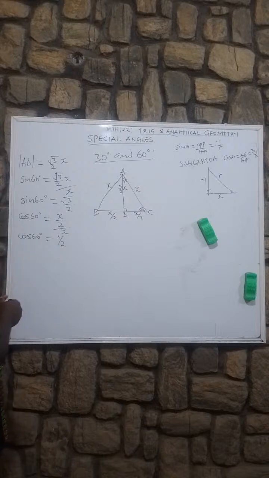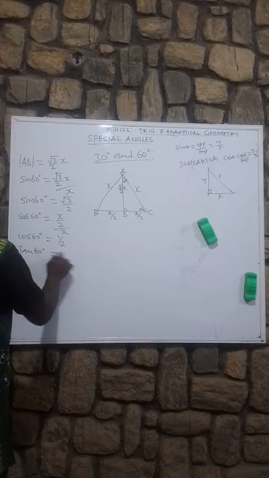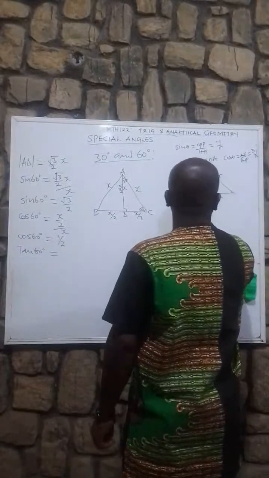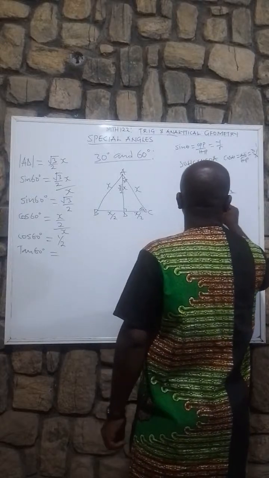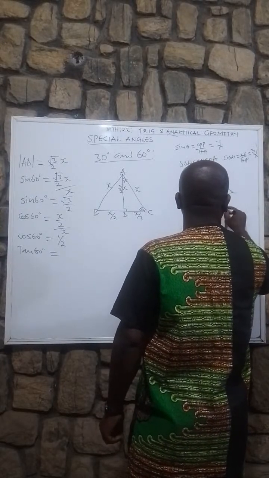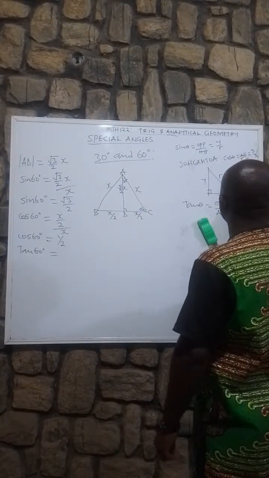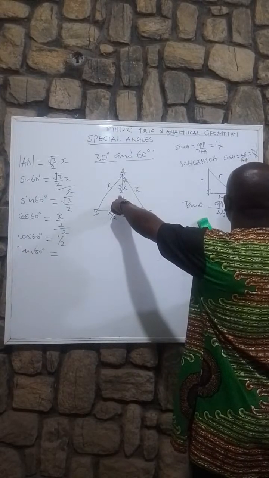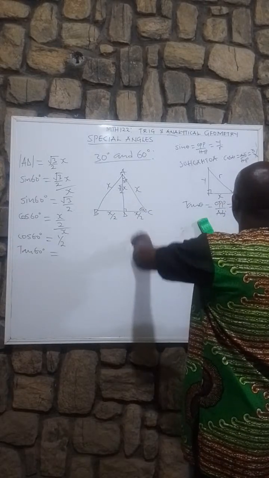Okay, so let us also consider tan 60 degree. Tan 60 degree is TOA. That is, tan theta is equal to opposite all over adjacent. This is equal to here root 3 x all over 2 divided by x all over 2.